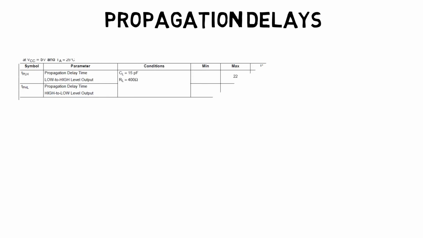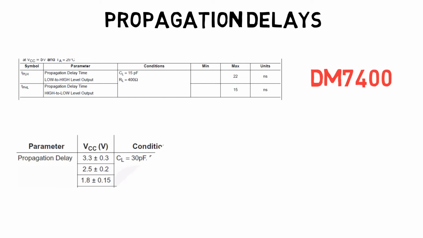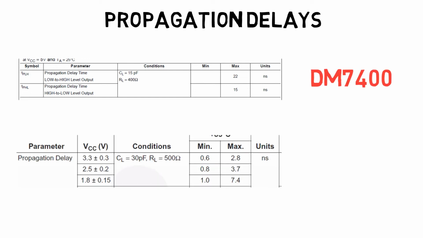If we look at the datasheets of these devices, we'll see that the DM7400 has a propagation delay of between 15 to 22 nanoseconds, while the modern 74VCX00MTCX can have a propagation delay that can reach down to around 0.6 nanoseconds.